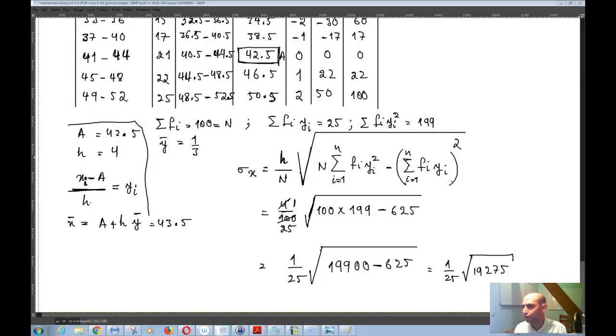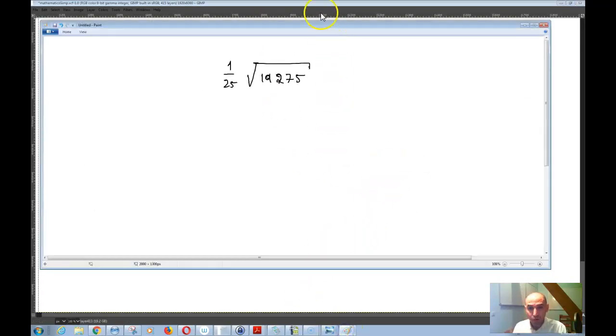Okay, so what we had here was the standard deviation, or sigma. Sigma was basically 1 over 25 square root of 19,275.